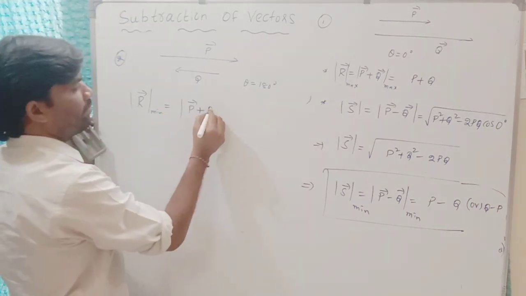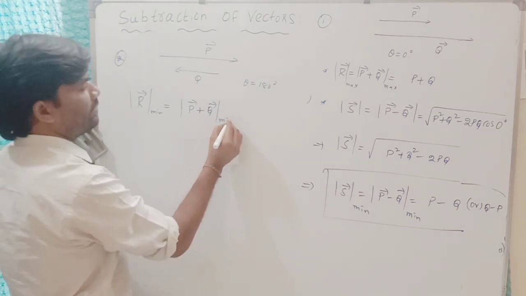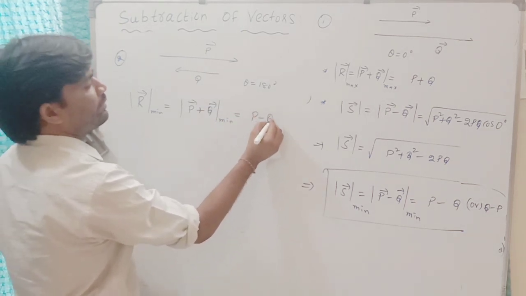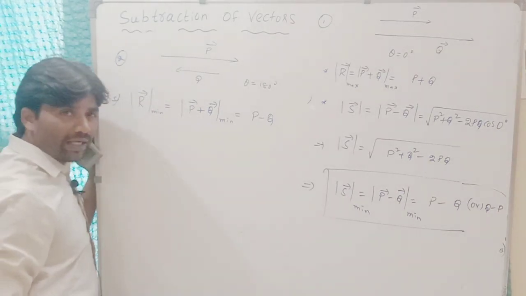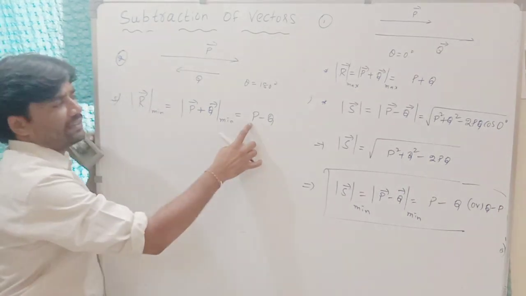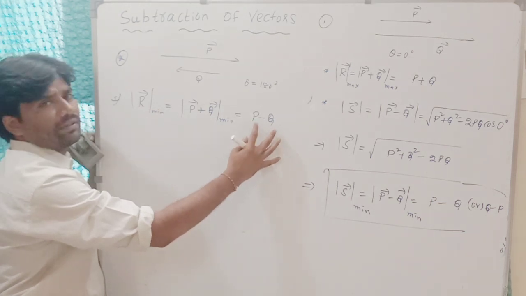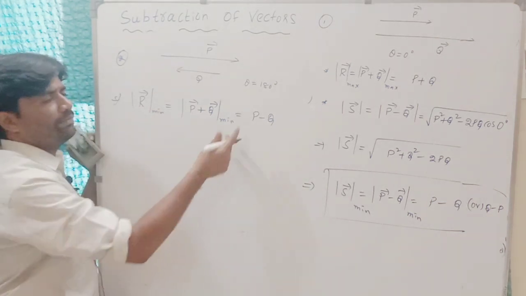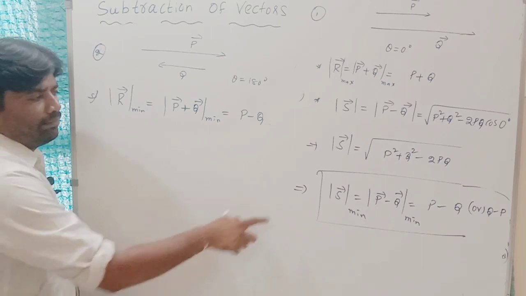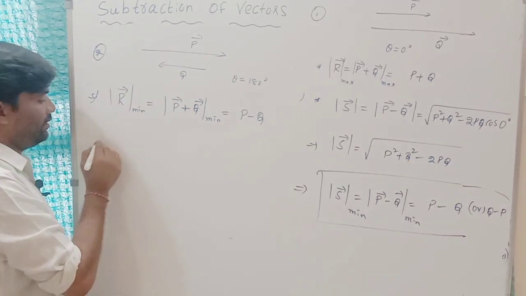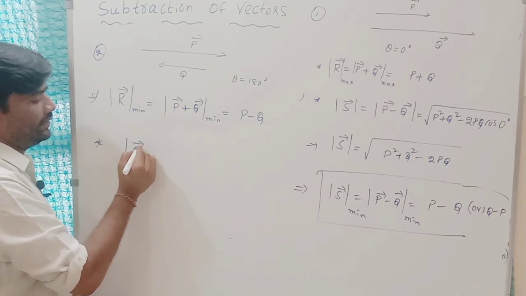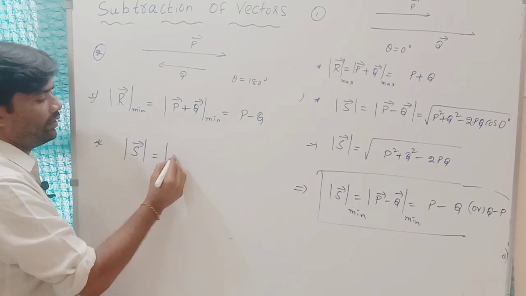Mod of P bar plus Q bar is minimum, its value is P minus Q, when two vectors are anti-parallel. Magnitude of resultant of two vectors is equal to difference of magnitude of two vectors, right? P minus Q simply.